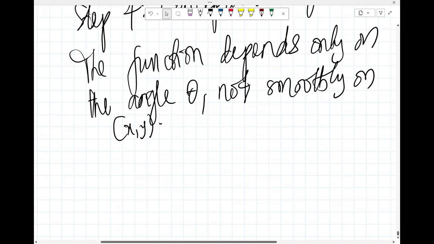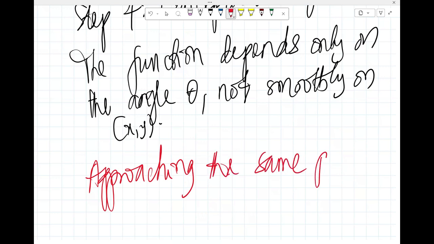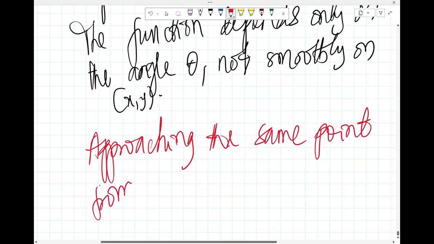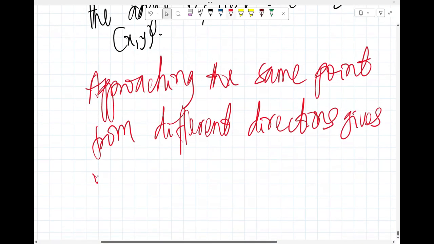So in that case, approaching the same point from different directions gives different values.